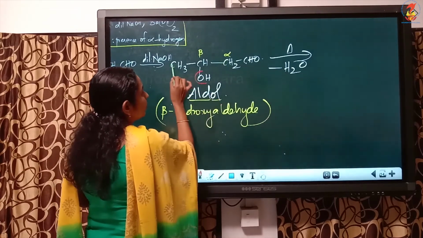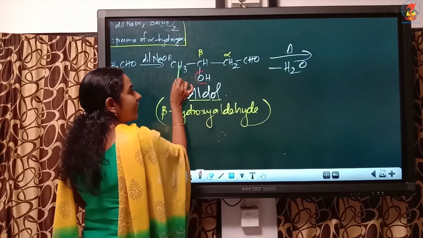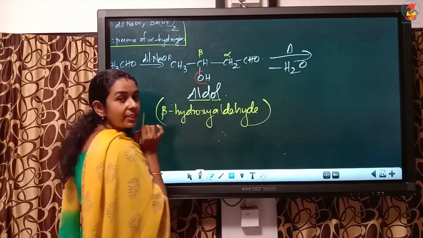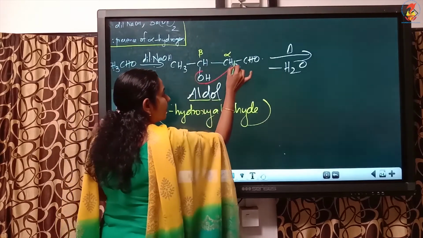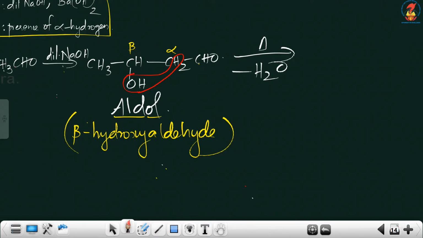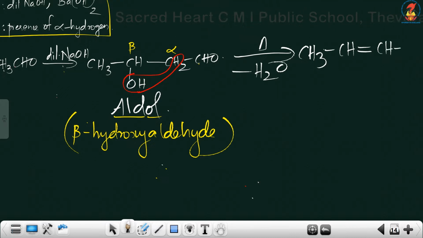Here we have 2 adjacent carbon atoms, CH3 and CH2. From where should we take the hydrogen? From the carbon with fewer hydrogens. The product is CH3, single bond, CH. After elimination, there is no more OH here and the single bond becomes double. CH2 will become CH, CHO.